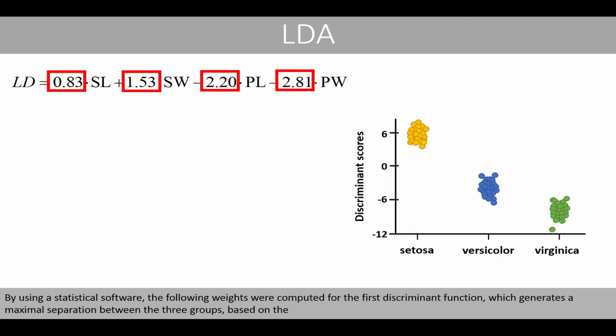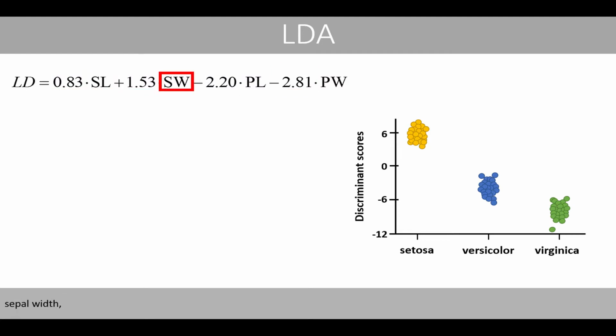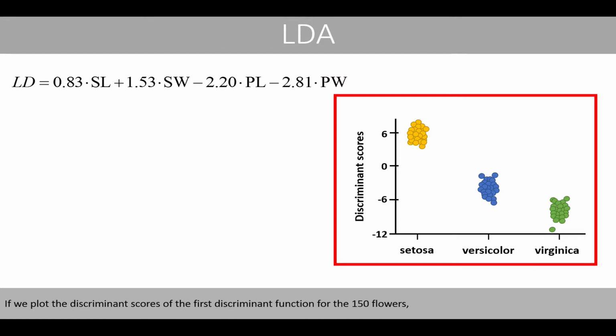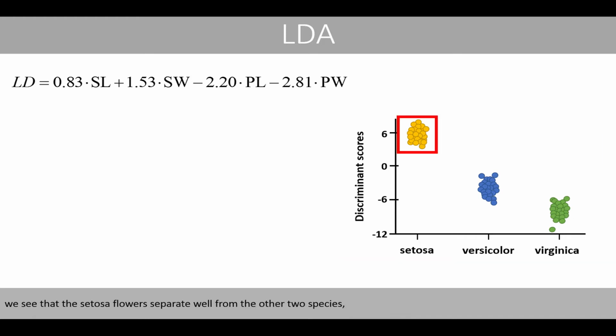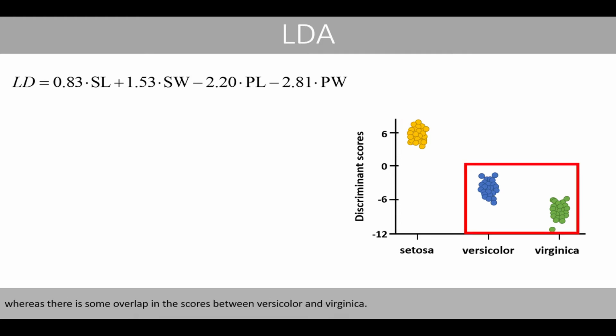By using a statistical software, the following weights were computed for the first discriminant function, which generates a maximum separation between the three groups based on the sepal length, sepal width, petal length, and petal width. If we plot the discriminant scores of the first discriminant function for the 150 flowers, we see that the Setosa flowers separate well from the other two species, whereas there is some overlap in the scores between versicolor and virginica.